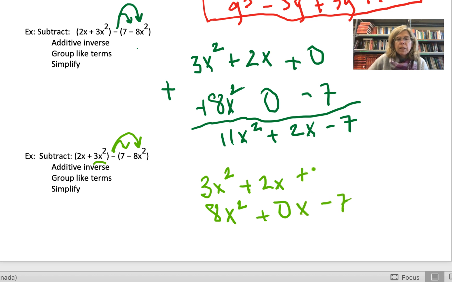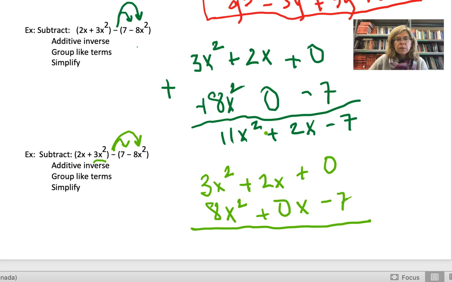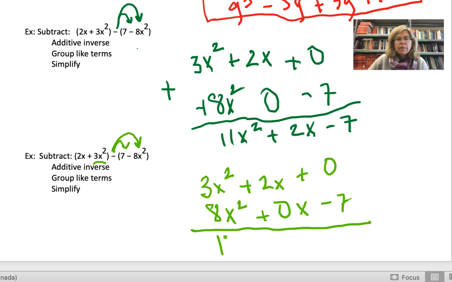So we don't have any constants up there either. So do you see what I did here? We have 3x squared plus 2x is the equation. And then I just added a 0 because we don't have constants. So, and then in this case we have our 8x squared minus 7. It's a constant, minus 7. But we don't have any x's, so that's a 0. So then we have 11x squared plus 2x minus 7. And there you go.